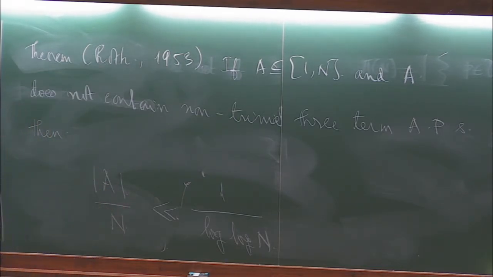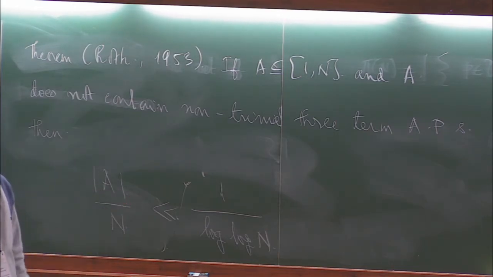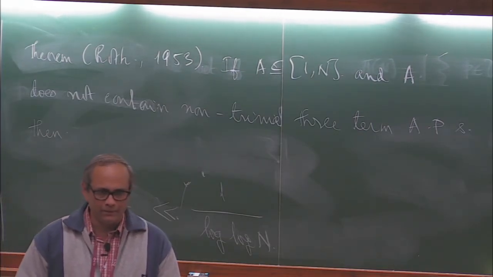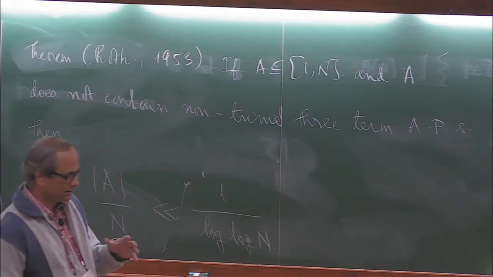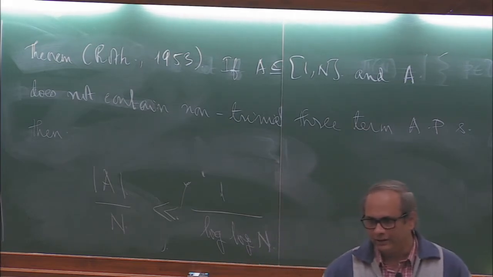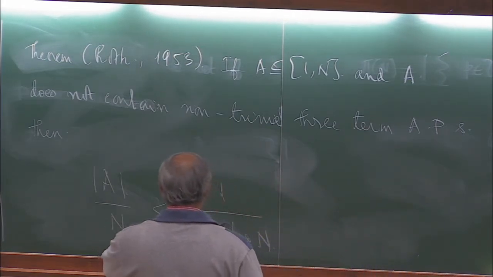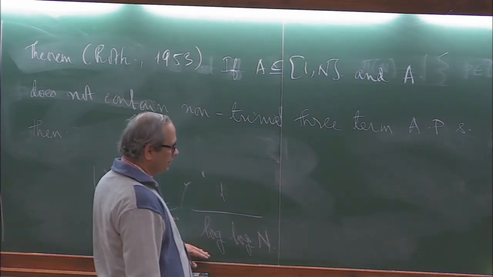It showed the existence of sets with fairly large cardinality, I'll write down the exact thing, which do not have 3-term arithmetic progressions. So we'll see Behrend's construction, which is very simple but ingenious. It's almost the natural way of constructing sets without 3-term arithmetic progressions, and we will see the lower bound given by Behrend.